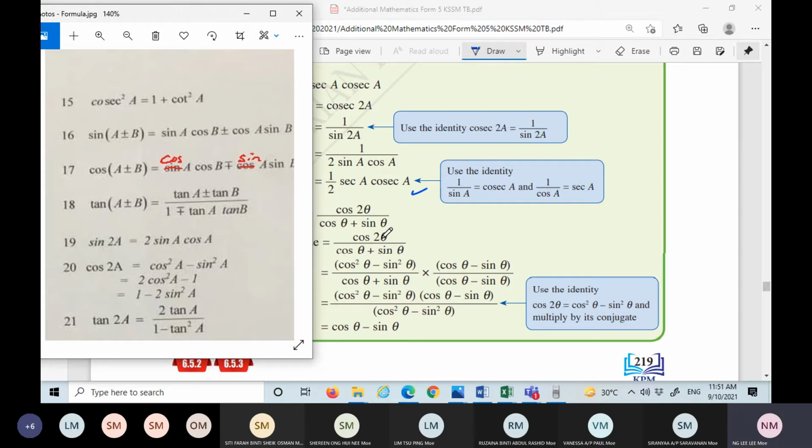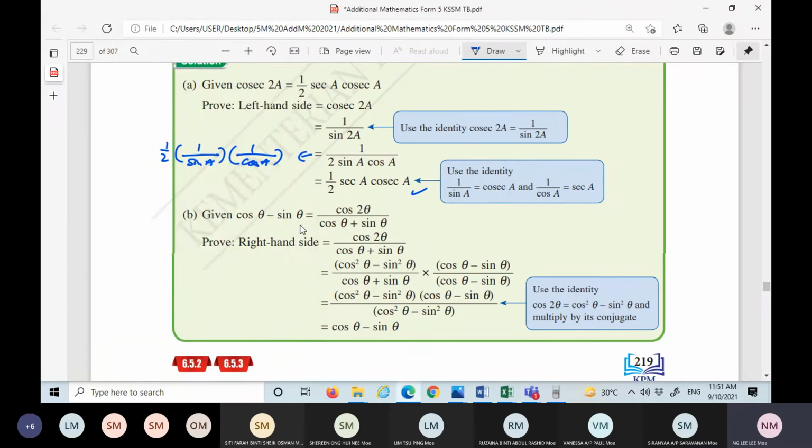Okay, sine 2 theta, use the double angle formula, the first one, so it becomes cos square theta minus sine square theta. Okay, then we come to this line already. Then you see how to make it become cos theta minus sine theta. Try and see.